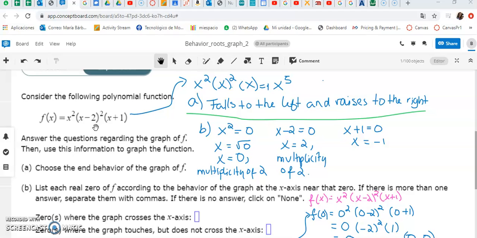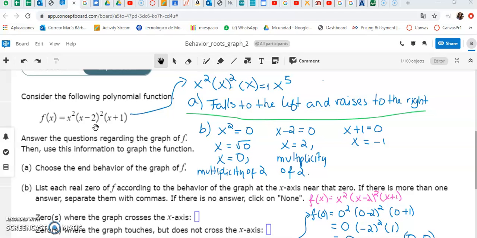We are going to multiply the x terms that we have here in the original function, which is x to the second times x, but this x is being raised to the second because of this power, and then times this other x, but this x is being raised to the 1 power. So check, here I have the product.